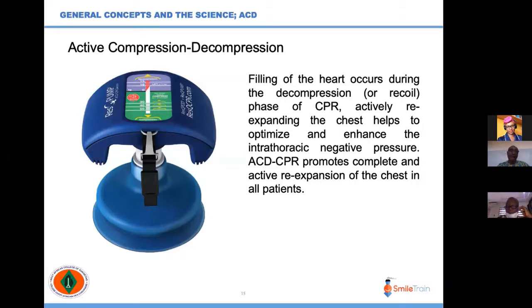So it has a pump. It sucks like a plunger that you use in the toilet, and it lifts up the chest. Some of them can lift the chest up with a force of about 10 kilograms. So it improves negative pressure and improves heart filling, and thereby improves blood circulation because of preload increase.